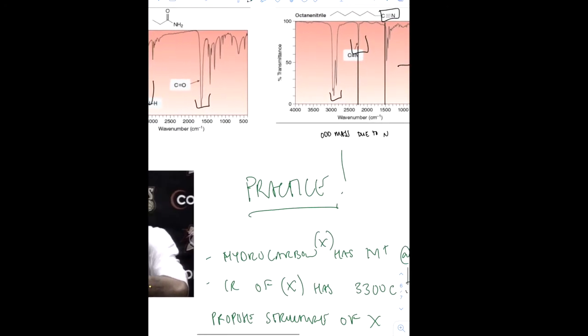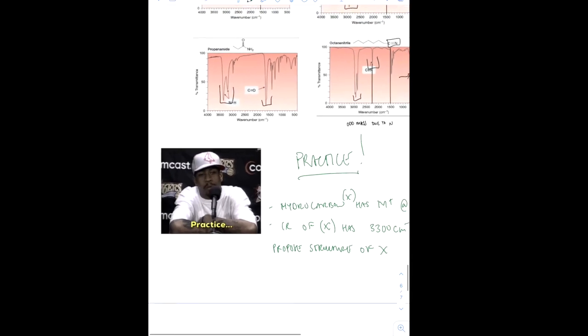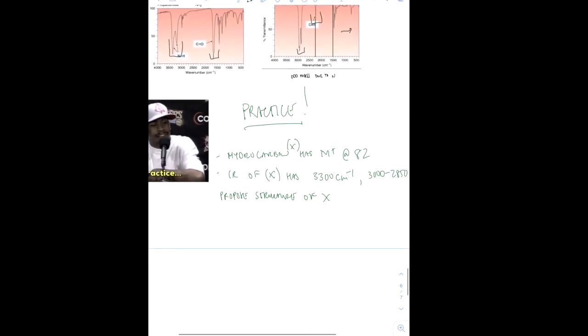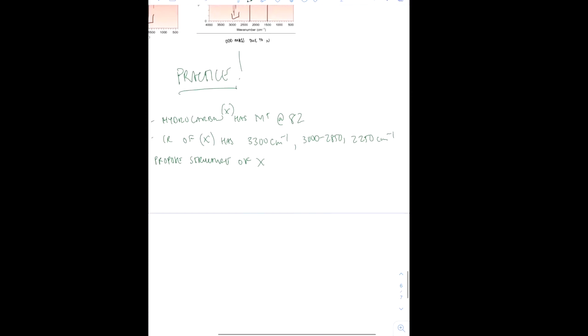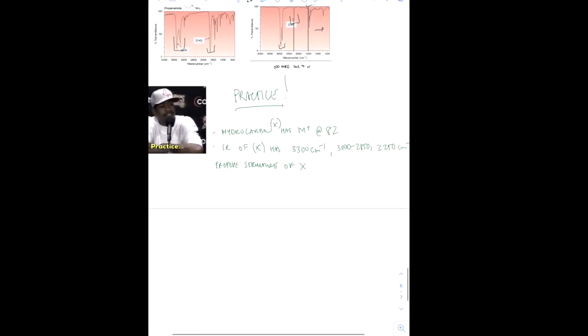All right, y'all. What do you think, it's time for practice? You want to talk about practice? Let's do one of the combination problems of IR and mass spec, because that's what you really want to do.